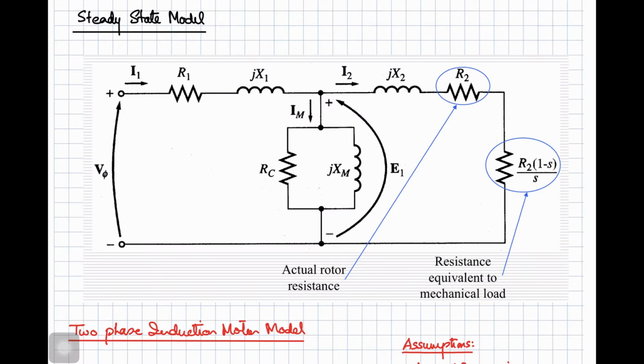So to determine the detailed analysis of the induction motor when you have variable voltage and variable frequency, that is a drive fed induction motor, we develop the dynamic model which considers the instantaneous effects of varying voltages, currents, stator frequency and torque disturbances. So in this video we will discuss the detailed two-phase model or the dynamic model of the induction motor.